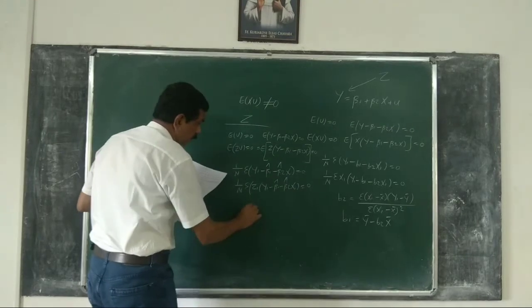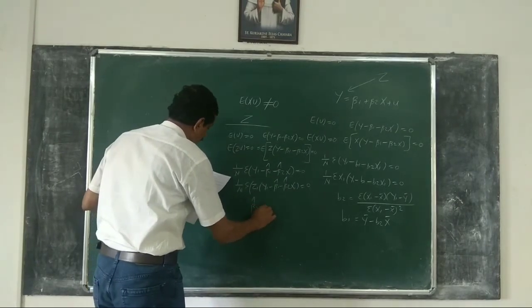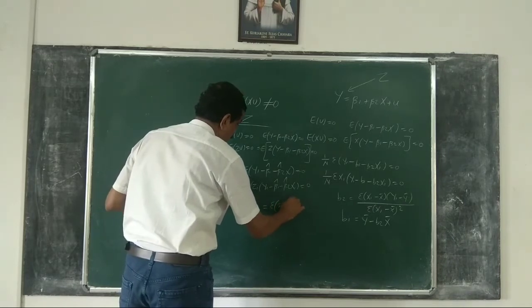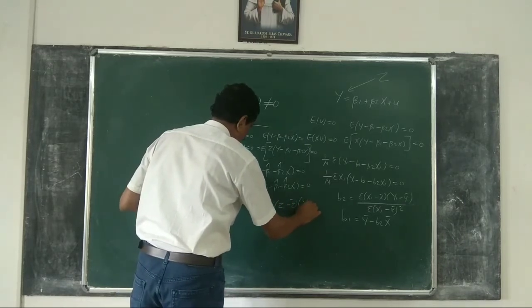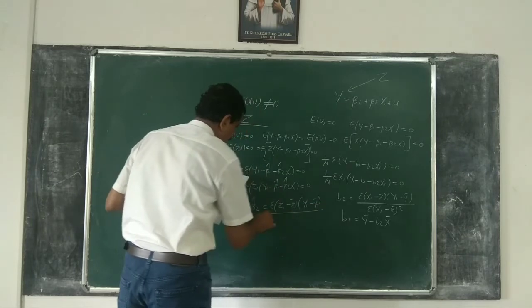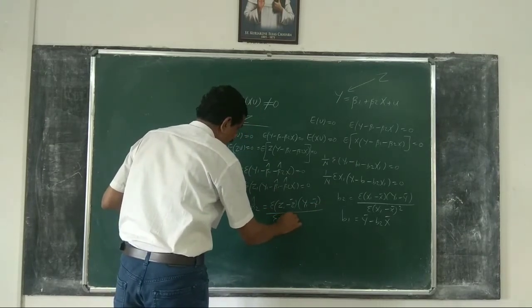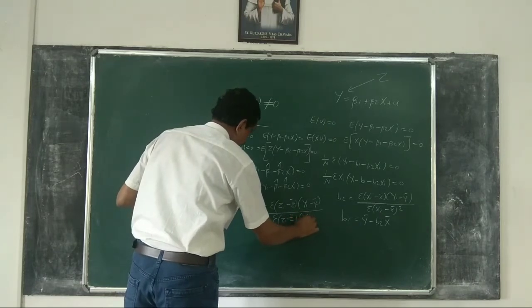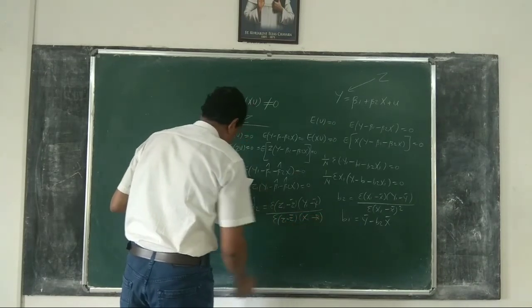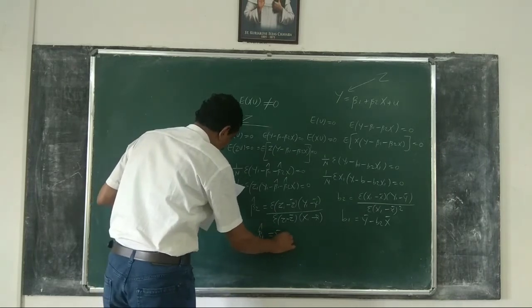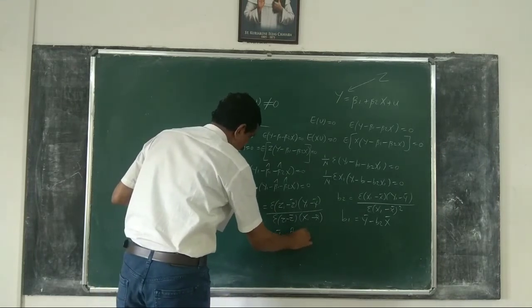And solving this, you will get beta 2 hat as equal to sigma (zi minus z bar) into (yi minus y bar) divided by sigma (zi minus z bar) into (xi minus x bar), and beta 1 hat as equal to y bar minus beta 2 hat x bar.